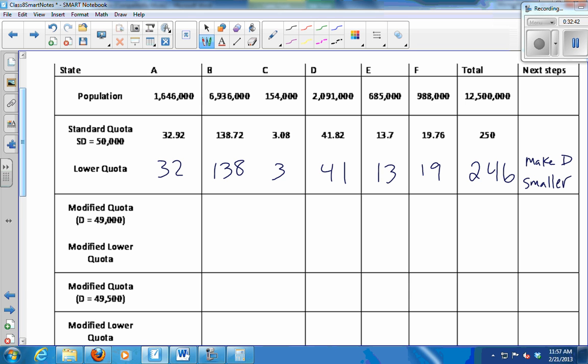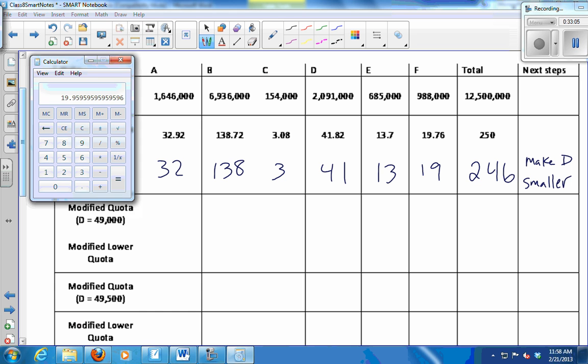And your guess has to do with how far away 246 is. That's 4 extra seats needed, so that's sort of a significant jump. So maybe we would guess a whole 1,000 smaller. Experience will help you with the guessing once you've done these kinds of problems a bit. So we might guess 49,000.